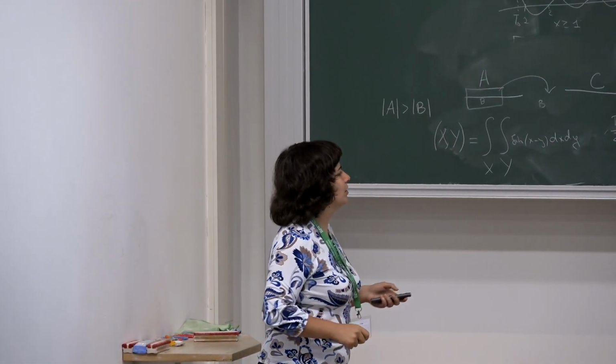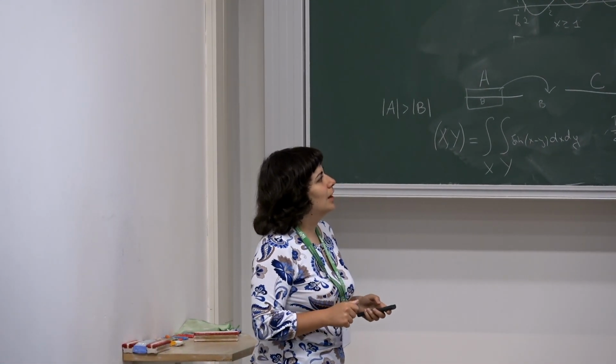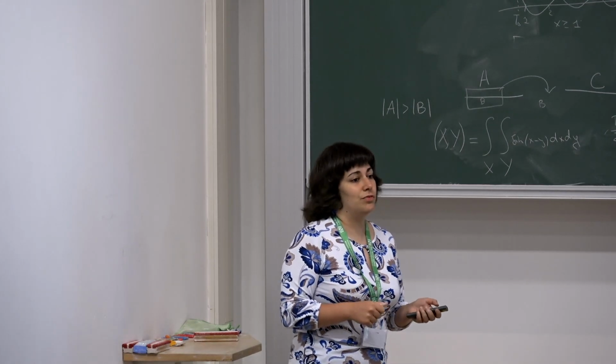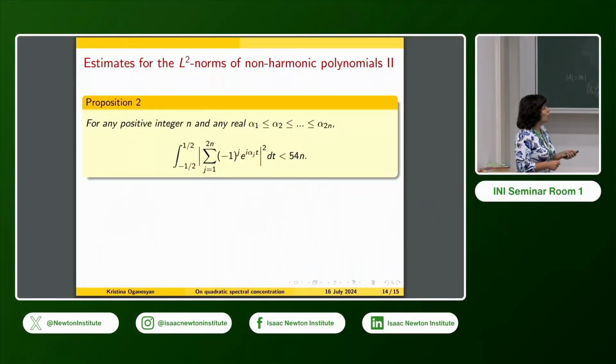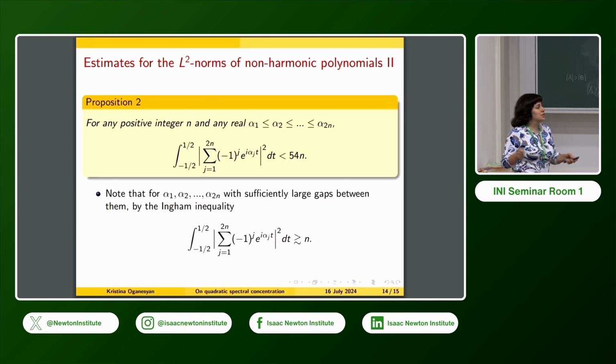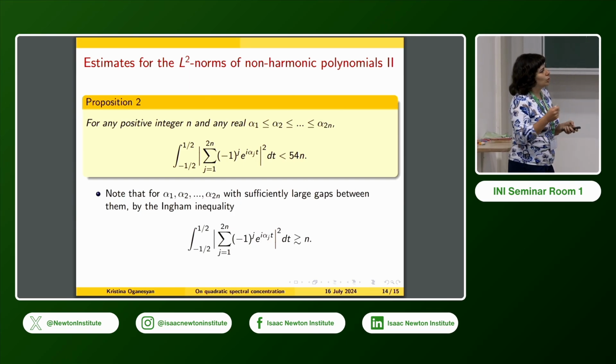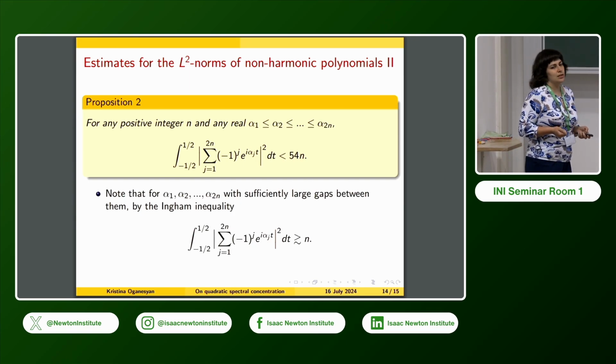It just depended on the length of the set. And now it depends only on the number of intervals, which is optimal up to a constant. It's optimal because if you choose alphas with big gaps between them, then you have the lower bound of order n by the Ingham inequality.